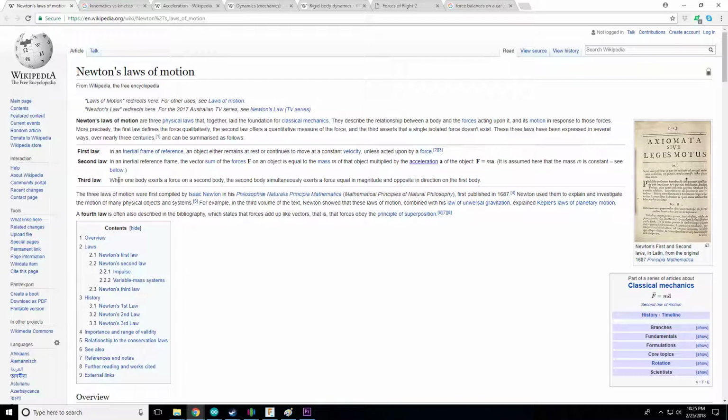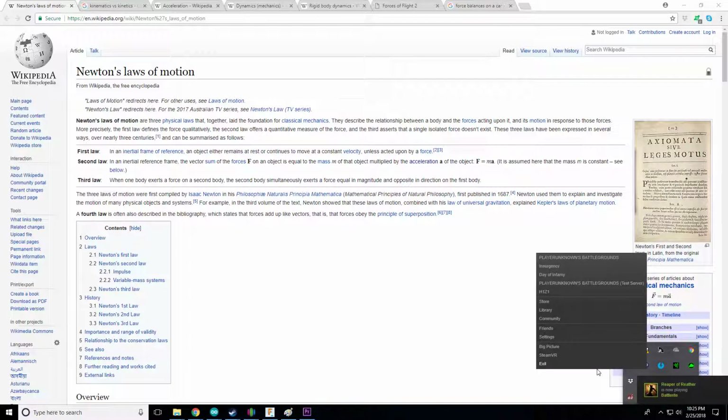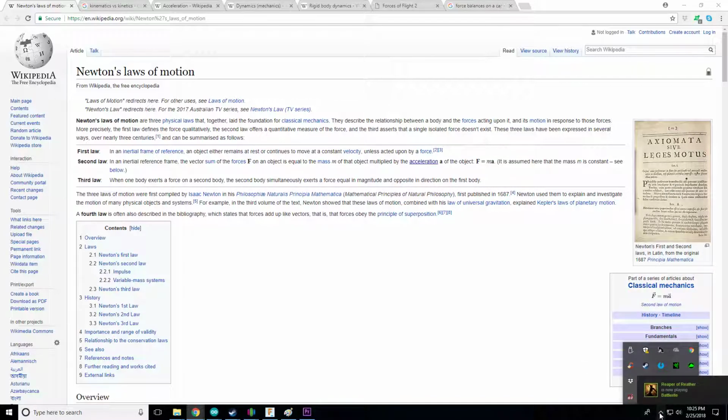No. So if you're sitting there leaning on the house and pushing on it with your hands, you have what's called an equilibrium system, which means that both objects are not moving.